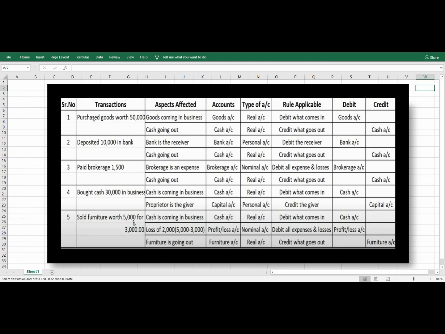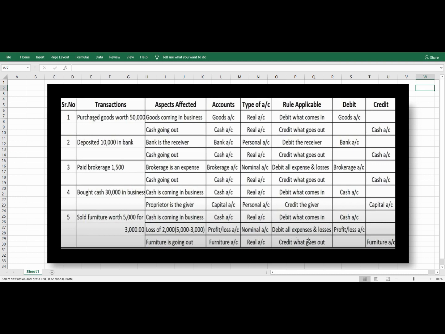Now cash account is a real account. Over here 3,000 worth of cash is coming into the business after the sale of furniture. So that amount would be debited in cash account, as per the rule of real account: debit what comes in, credit what goes out. Second is the 2,000 rupees loss. Now loss is a nominal account, where we have to debit all expenses and losses and credit all incomes and gains.